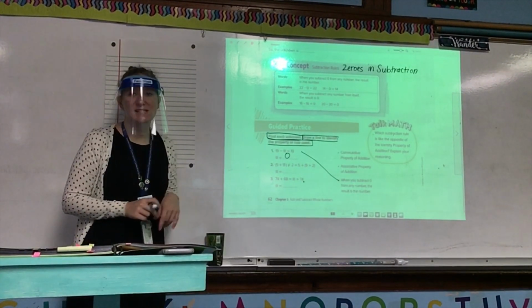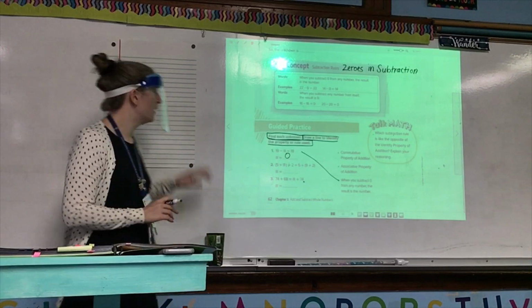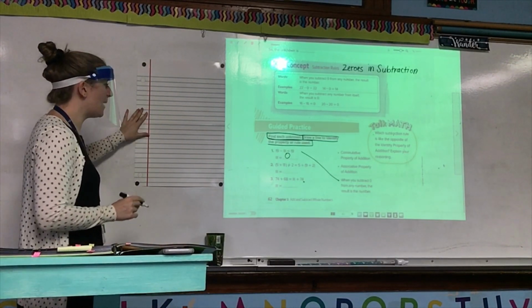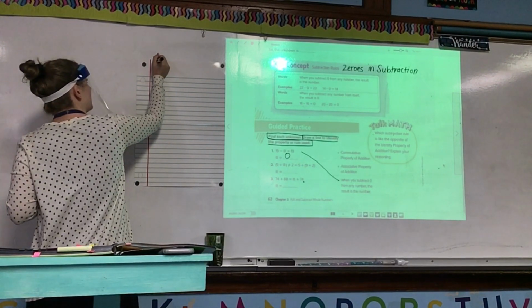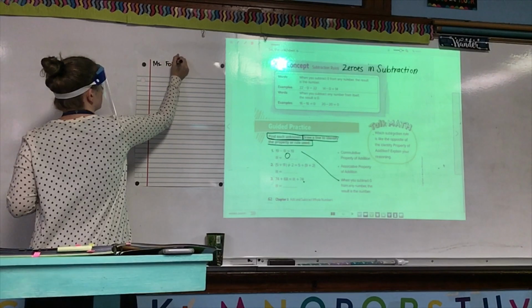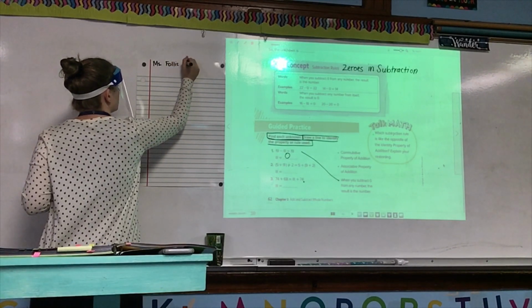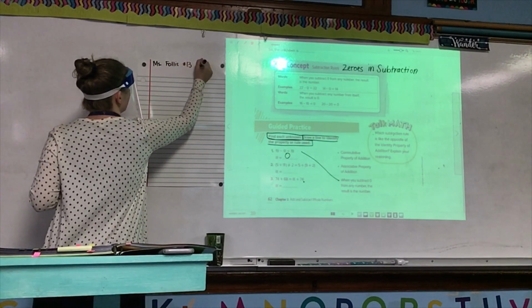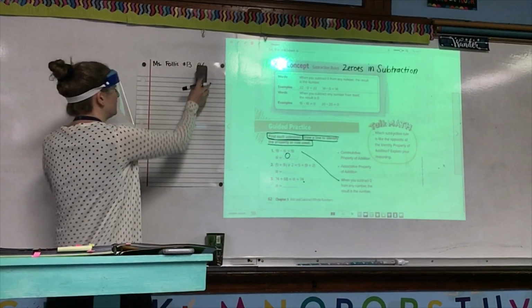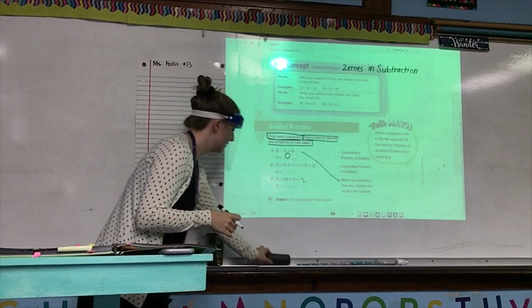Okay, number 2, this is where we need our separate sheet of paper. So come to your separate sheet of paper. At the top, write your name, number, and date. Oops. Remember, it's September 1st, not August. I keep doing that.